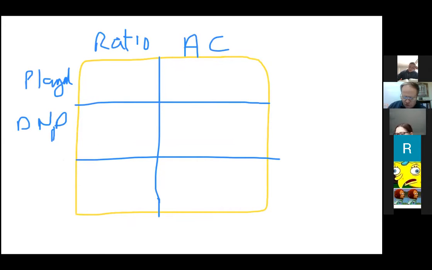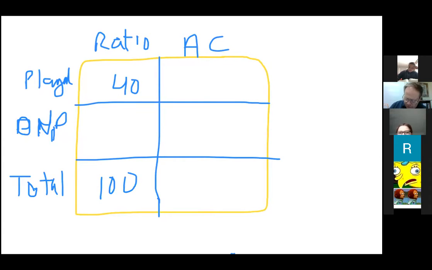So those are the two categories, did play and did not play. We know that the percent of the team members played in the game. So that's 40 that we know. And then you have, of course, 100 as your total, because your totals will always come out to 100. And then your 60% for those that did not play.